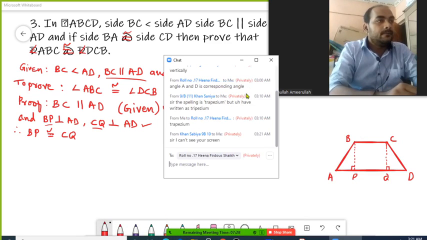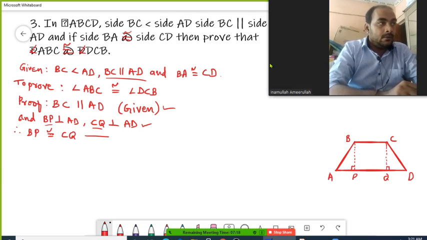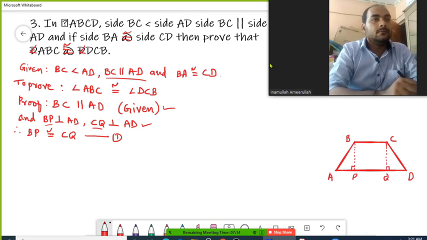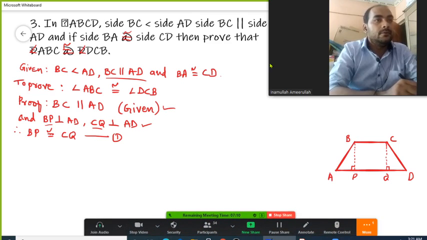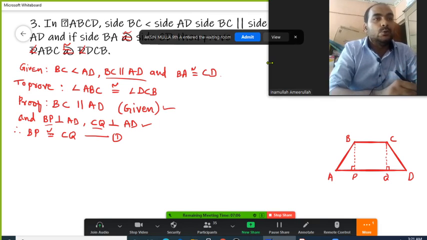Now if they are congruent, so this information going to help us in your proof, in our proof, to prove that triangle ABP and CDQ are congruent.